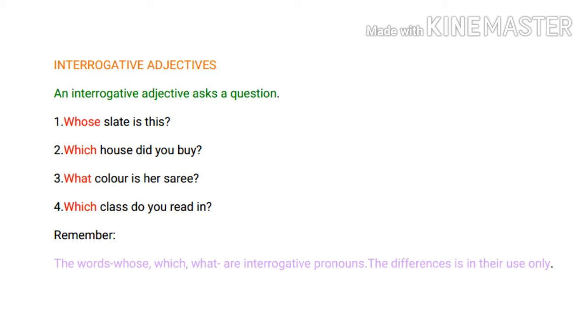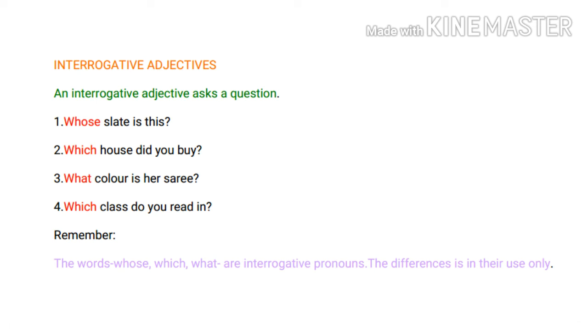Interrogative adjectives. Interrogative adjectives ask questions. For example, whose slate is this? Which house did you buy? What color is her saree? Which class do you read in?